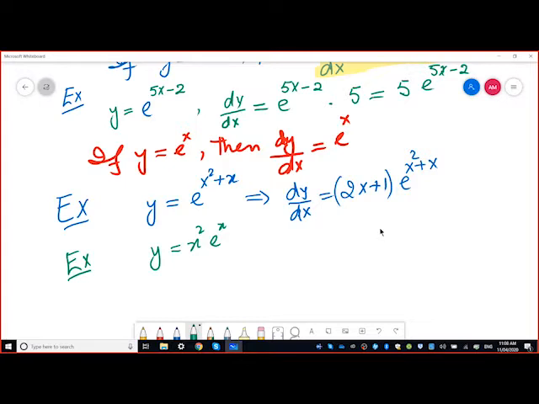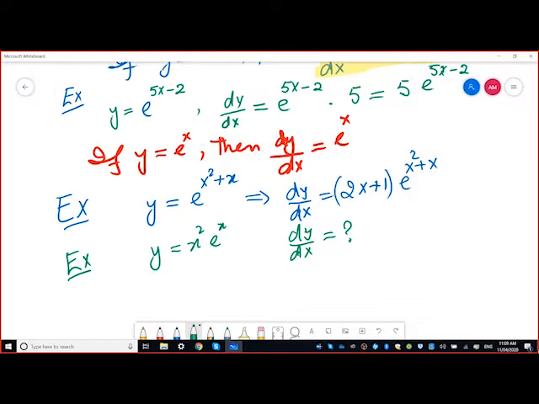What formula or what rule should we apply on this? We have to find dy upon dx.